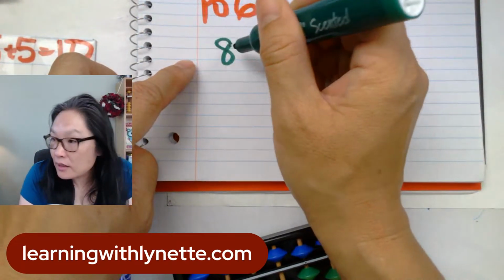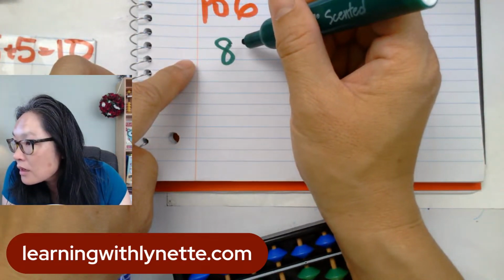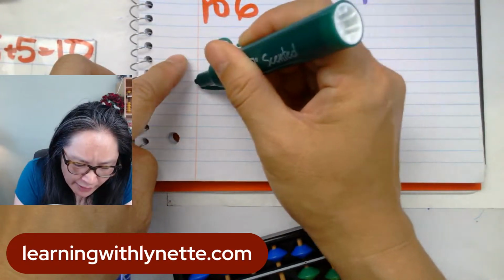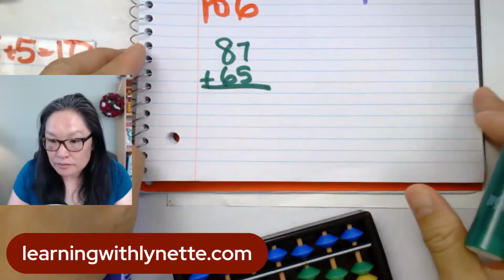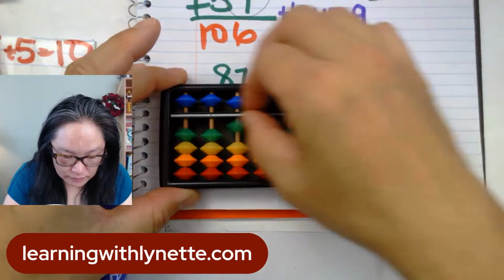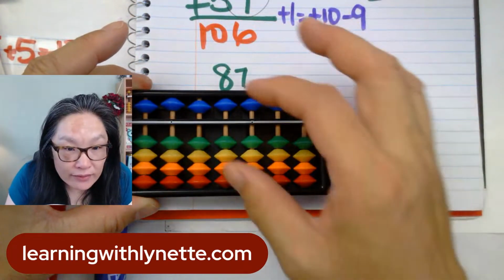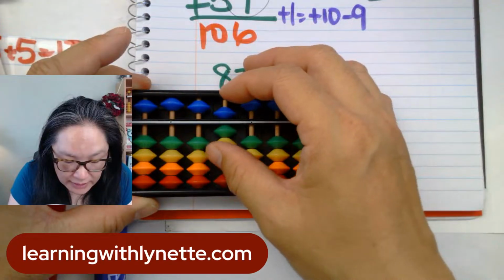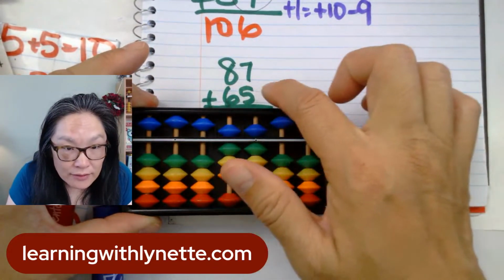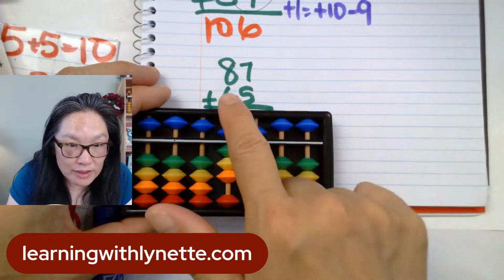Okay, here. So we have 87 plus 65. So we do 87 plus 65.